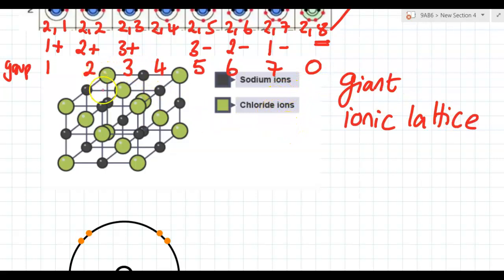And if you get diagrams like this in the test, we can look at the number of particles, and you can see here that this is sodium joined to chloride, so we know that this diagram represents the ionic bonding in sodium chloride. If we counted them, there are 14 of each.